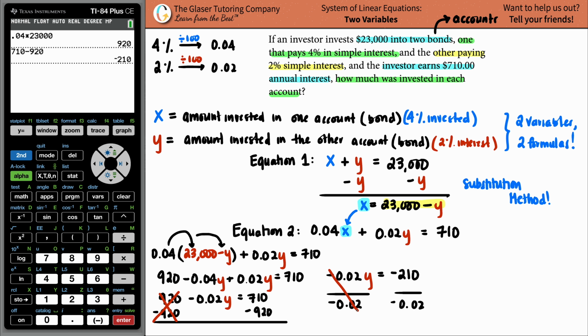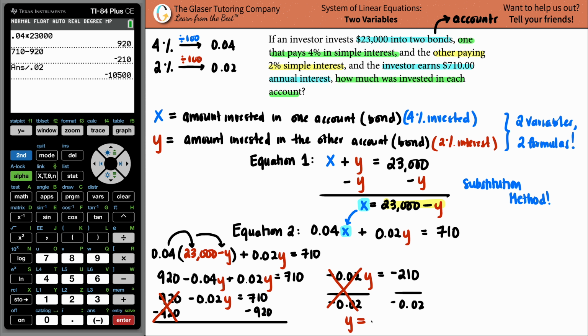And that goes bye-bye. And y equals, now that's going to be the amount invested in the 2% interest account. So what is this? Divided by 0.02. Way off.